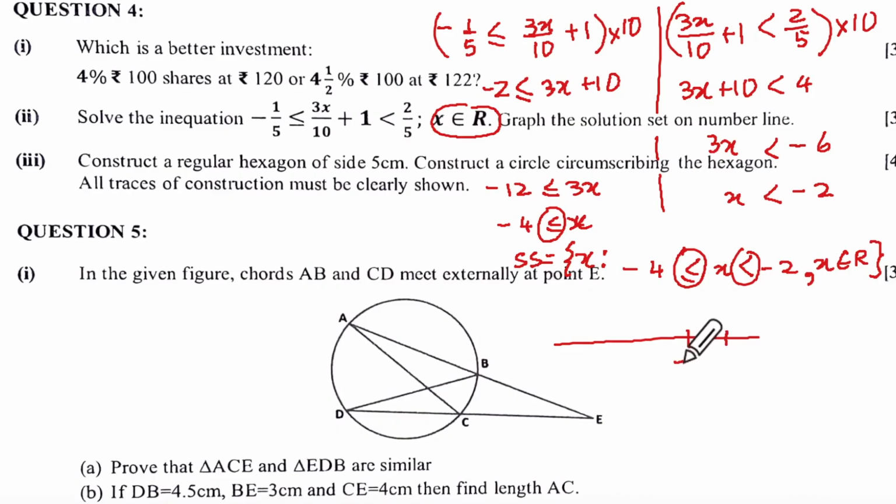You will show 0 here, 1 here, and then 1 2 3 4, and then go up to minus 5. This is minus 4. So you will have a shaded circle here, and this is minus 1, this is minus 2. So this will be the hollow circle, and this is how you will get.